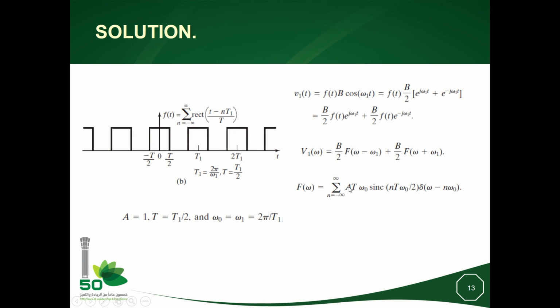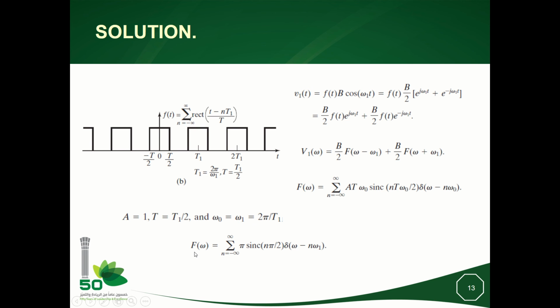So now we will replace A by the amplitude here, which is equal to 1, the period T, which is here, by T1, and tau by T1 over 2, and omega0 by omega1, which is 2 pi by T1.